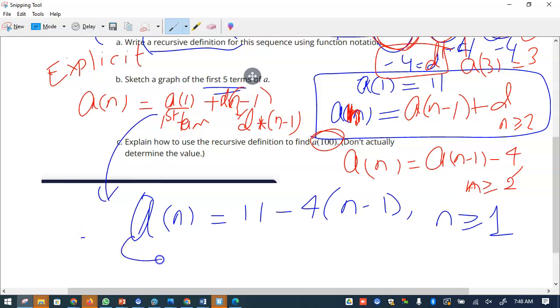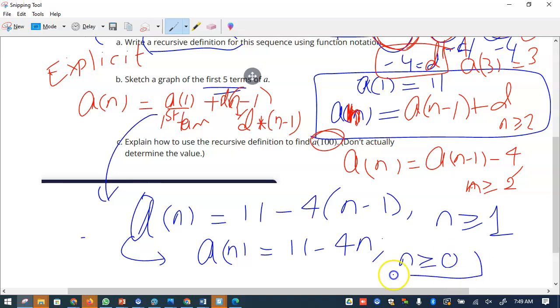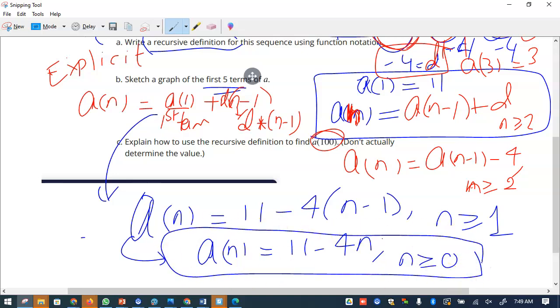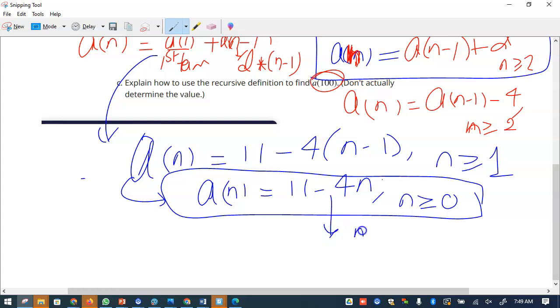Another way to write it: you could write a_n equals 11 minus 4n also. But if you write that, then you have to write n greater than or equal to 0. Still, this is valid, because if I put n equals 0, like the number in the beginning, it will be 11 minus 4 times 0, you get 11, see? So still you get the same sequence.